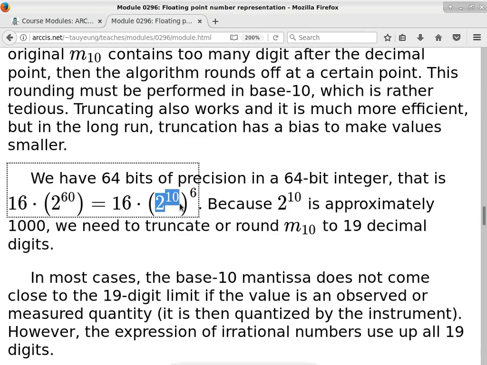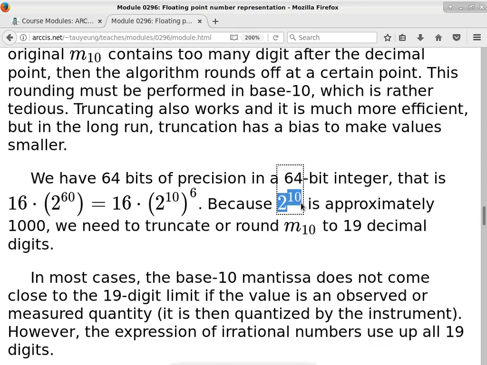And then the part that is 2 to the power of 60 can also be rewritten as 2 to the power of 10, then to the power of 6. You guys learned about exponents in what? Middle school, elementary school? I cannot remember. Okay, but you know this, right? And then we do an estimation, because 2 to the power of 10 is 1024, which is close to 1,000, and for approximation purposes, it's good enough.